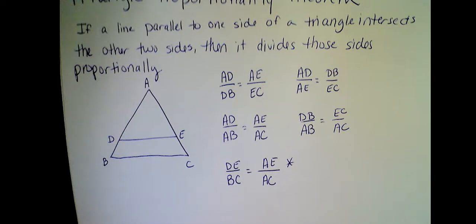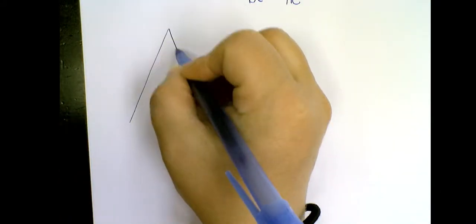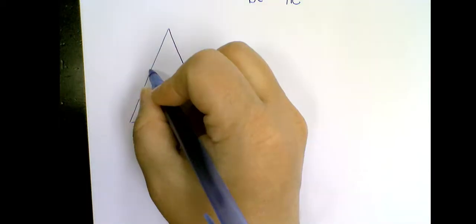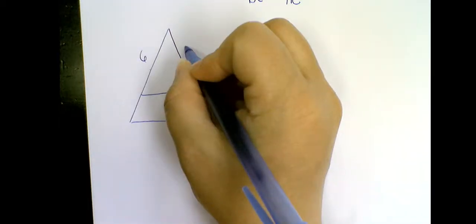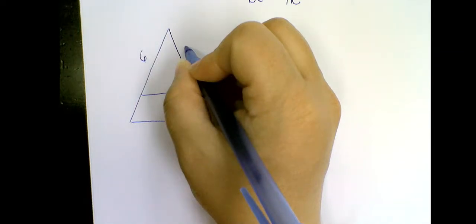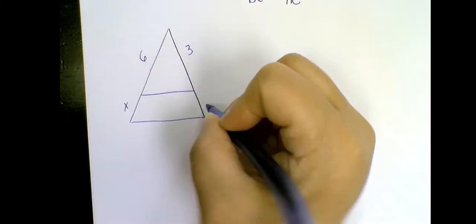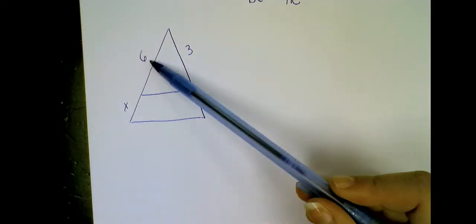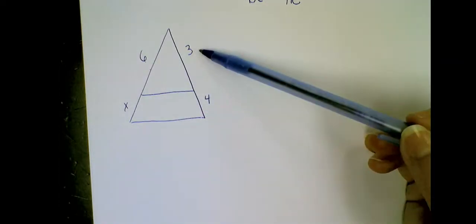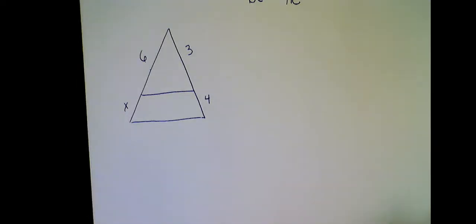So let's do a few here using algebra. For this one, we can use the larger piece here over the smaller piece here, and the smaller piece here over the larger piece here.